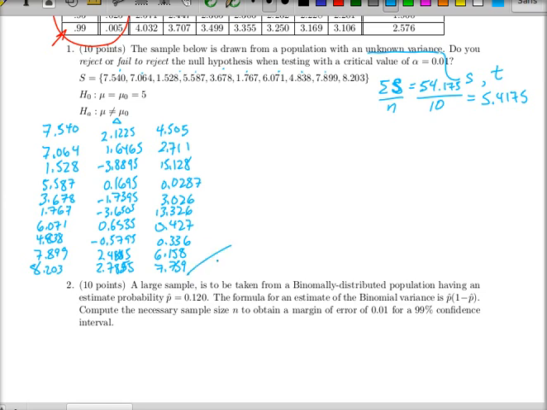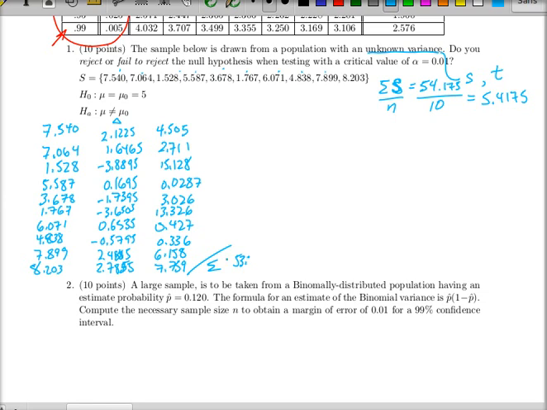Let's pull out the sum of these. It's going to be 53 point.